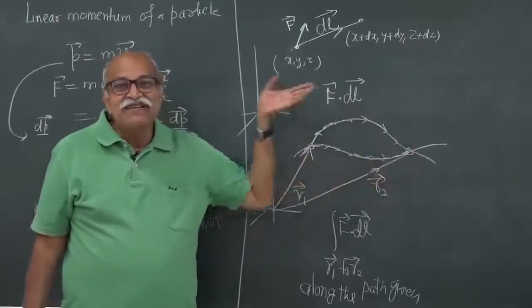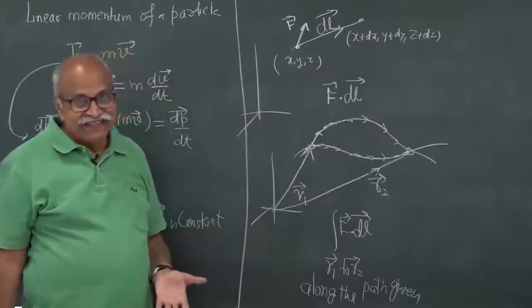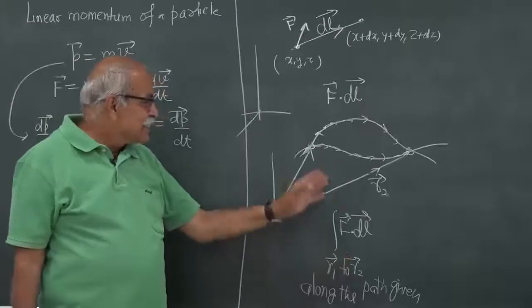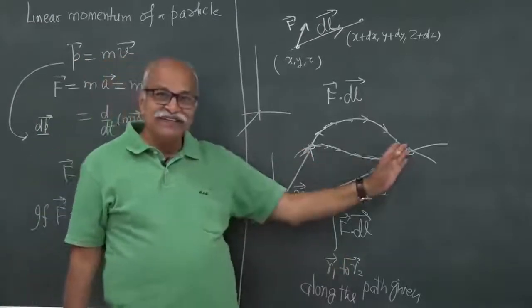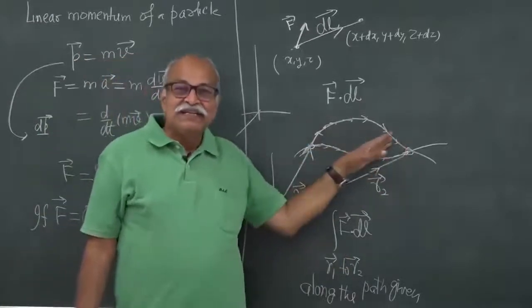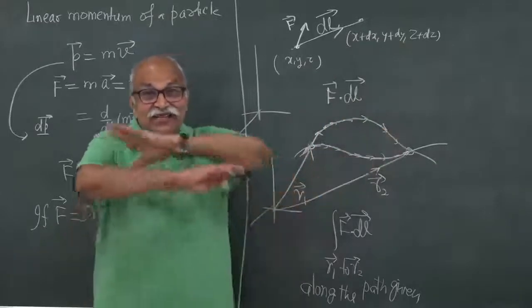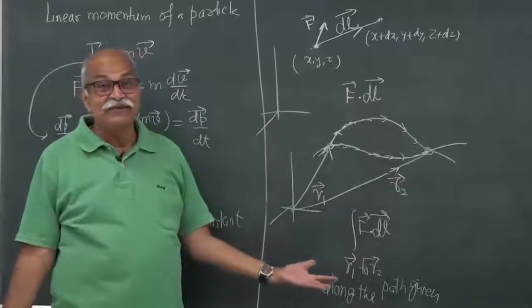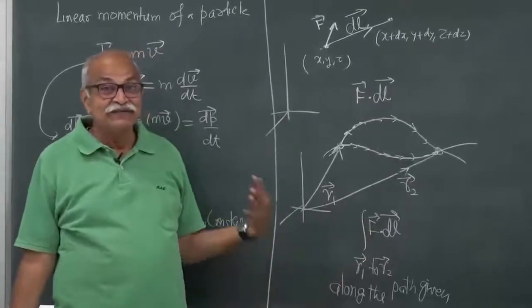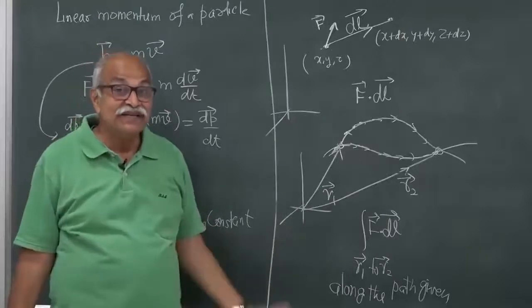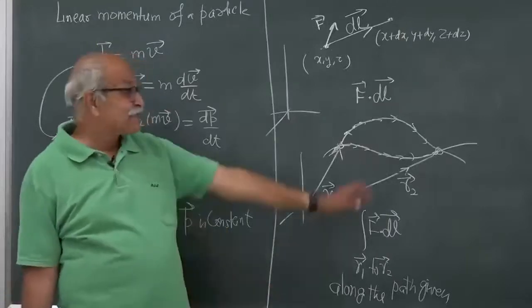And this plays a very important role. Whether this integral depends only on these two positions or it also depends on the particular path I have taken, that distinguishes forces into categories. One we call conservative forces, other we call non-conservative forces. So, we will start from here next time.